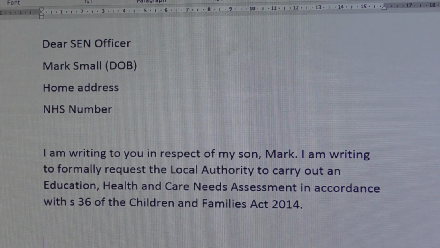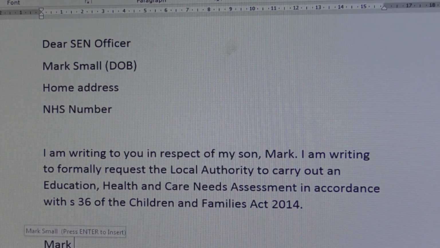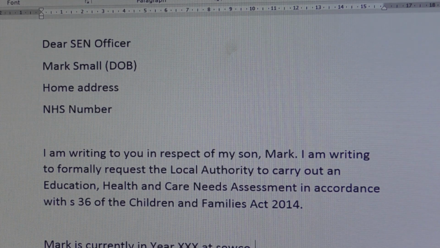What we're then going to do is provide some information that will help the local authority to pull information together about your child. So we're going to go to the school first. Mark is currently in year whatever it may be at secondary school. It could be a primary school, so you would change it accordingly.